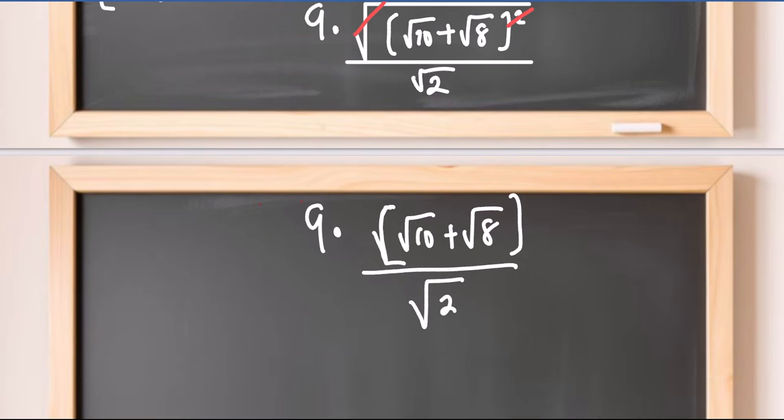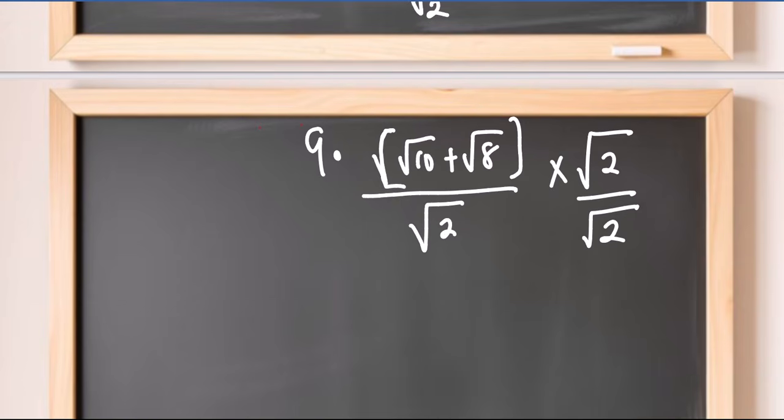Also, we can rationalize. To get rid of the radical in the denominator, we can multiply both numerator and denominator by the square root of 2. So here I'm going to have my 9 root 2 multiplied by 10, which can be written as the square root of 2 times 5.